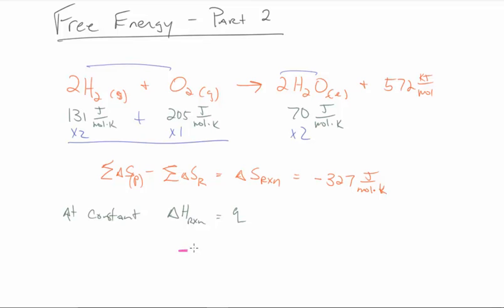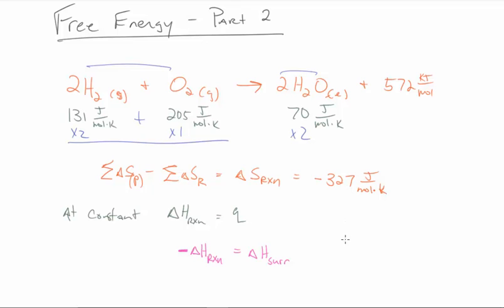So I have this relationship where a negative delta H for my reaction is equal to a positive delta H for my surroundings. This goes back to the first law of thermodynamics, the law of conservation of energy. If my reaction loses energy, the surroundings gain it, and vice versa.